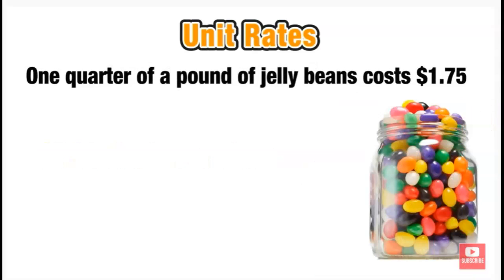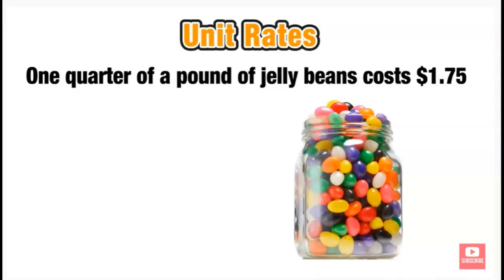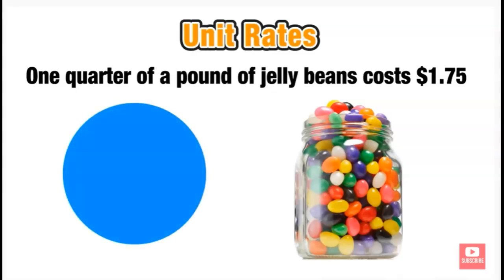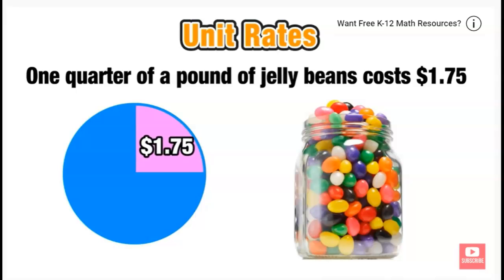Another example is considering 1/4 of a pound of jelly beans that cost $1.75. The unit rate that we want to find is how much does 1 pound of jelly beans cost? Here's how we can visualize this. Let's assume this solid circle represents 1 pound of jelly beans. Now we know that 1/4 of a pound costs $1.75.